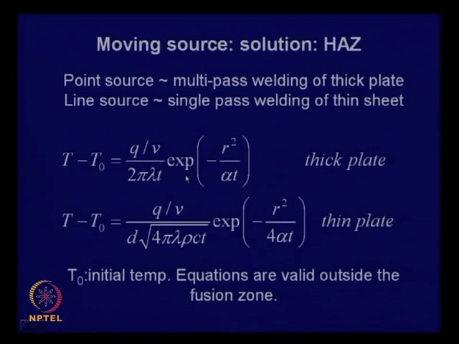This is the expression: Q is the heat input, V is the velocity, lambda is the conductivity, alpha is the thermal diffusivity, R is the distance from the heat source at a particular instant, and T0 is the initial temperature of the plate you are joining. These equations are valid outside the fusion zone.